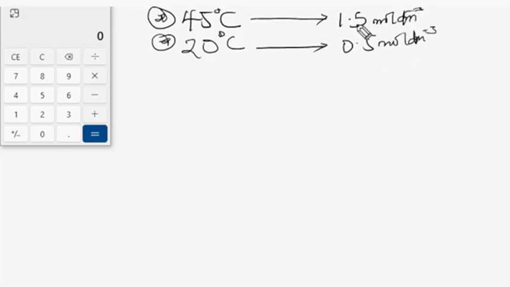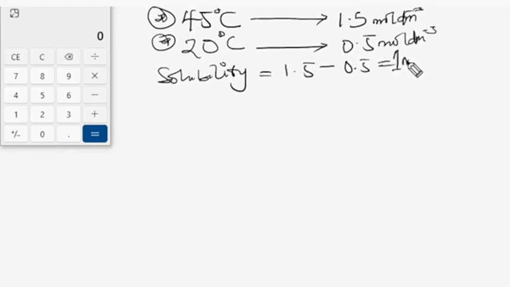So with this, it means that the solubility will be 1.5 minus 0.5, and this will be 1 mole per dm cube.